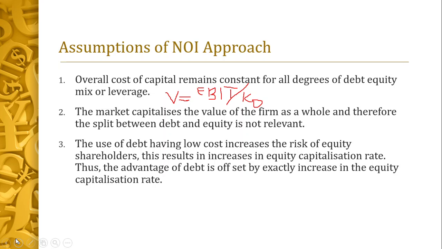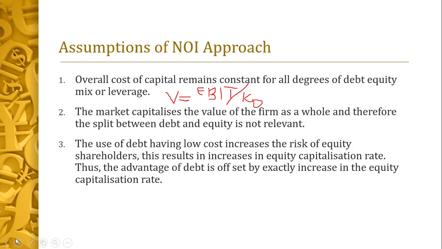Cost of capital, or what did we call it? Weighted average cost of capital. It will remain unchanged, constant for all levels of gearing. Both sentences mean the same, just that the words are different.